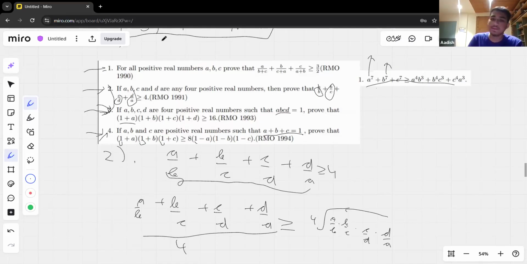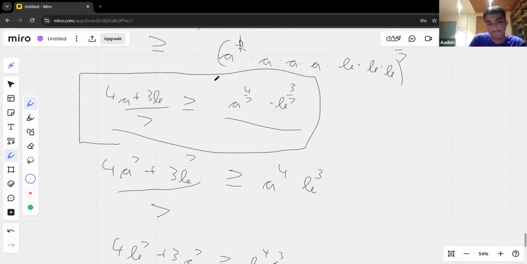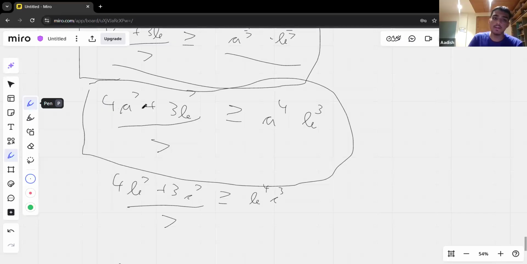Why is it called weights? Look at this inequality, 4A to the 7 plus 3B to the 7. The idea is that it's weighted. The idea is that A to the 7 you're giving more weight to, you're multiplying it 4 times, and B to the 7 you're giving less importance, you only multiply it 3 times.